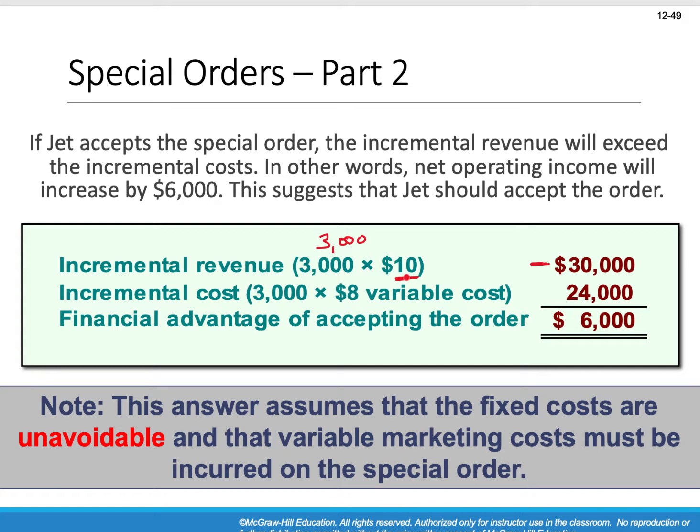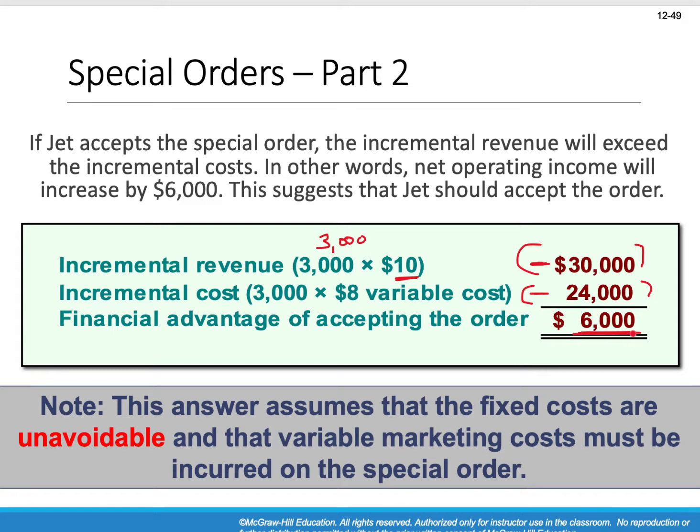Well, we take our variable cost per unit of $8 times the number of units we're going to sell, which is 3,000. We have an incremental cost of $24,000. So if we compare the revenue with the cost, we see that we have a financial advantage of $6,000 for accepting this special order.